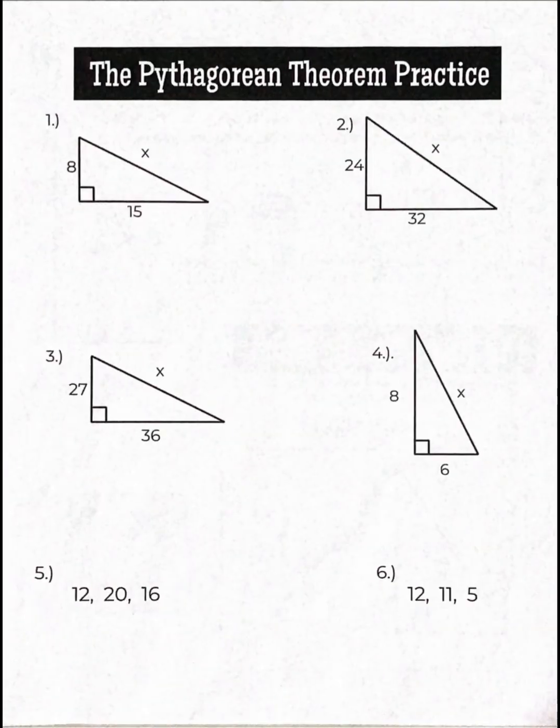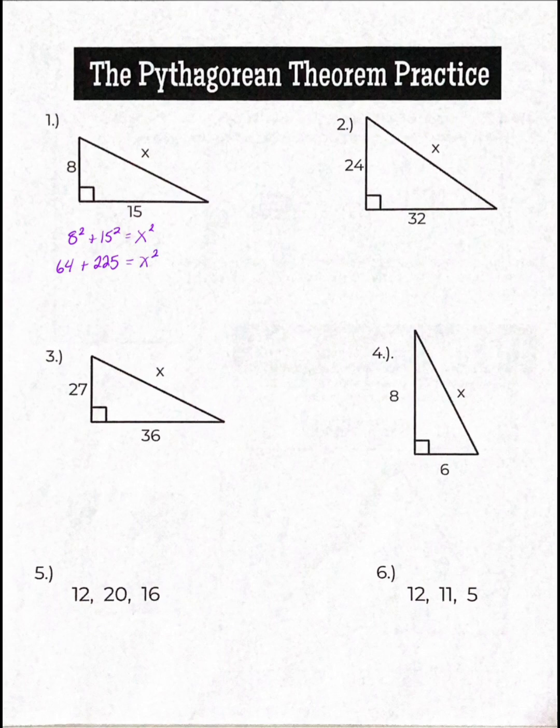All right, so we've got a leg of 8. First of all, that square shows me it's a right triangle. We've got a leg of 8, a leg of 15, and then the hypotenuse we don't know. So 8 squared plus 15 squared equals x squared. 8 squared is 64 plus 15 squared is 225 equals x squared.